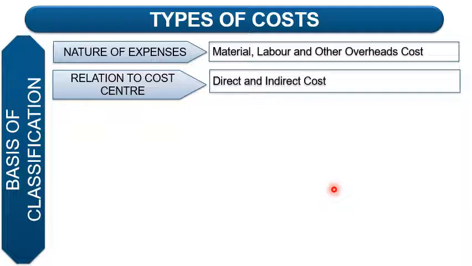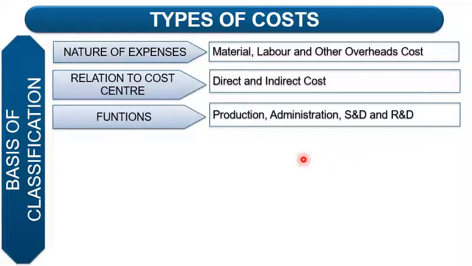Now the indirect cost is a cost which cannot be directly allocated to a particular process of production. It is also known as secondary cost and is mostly seen as indirect material, indirect labor or indirect expenses.